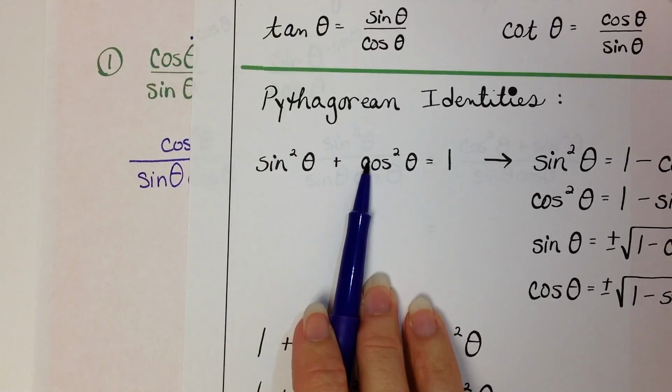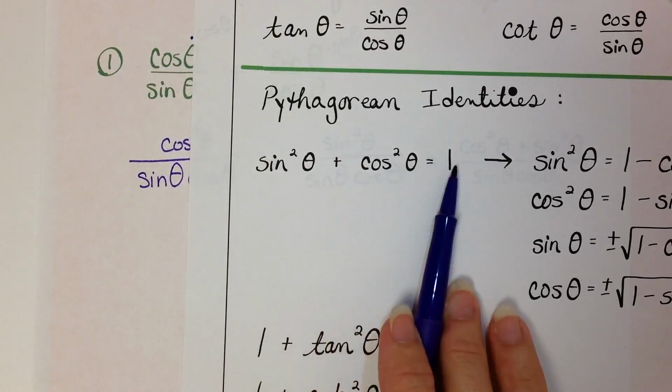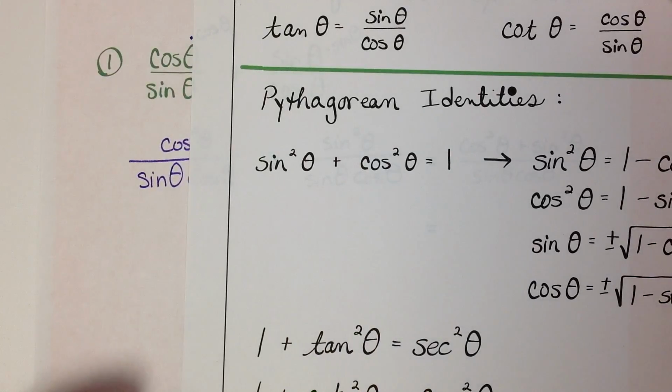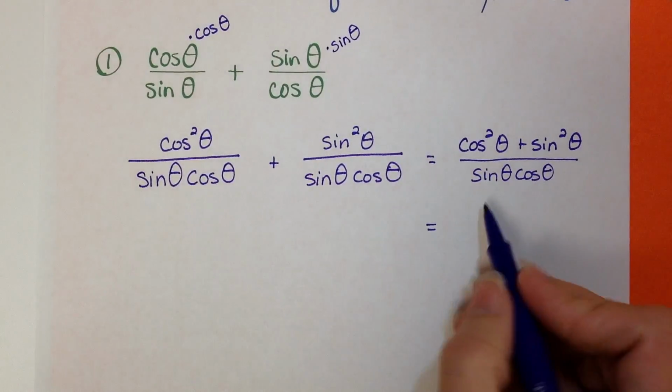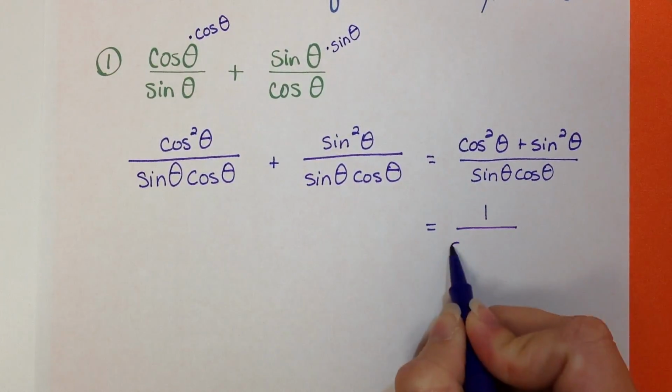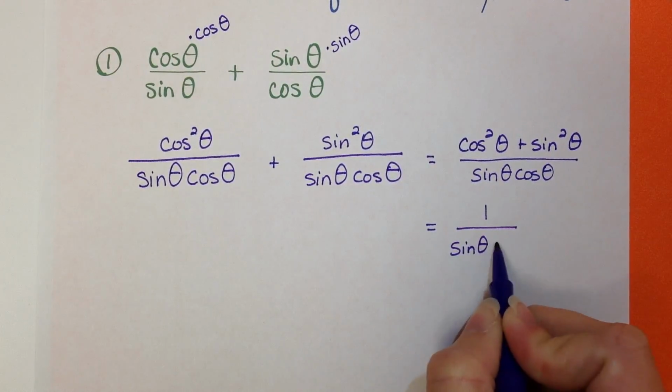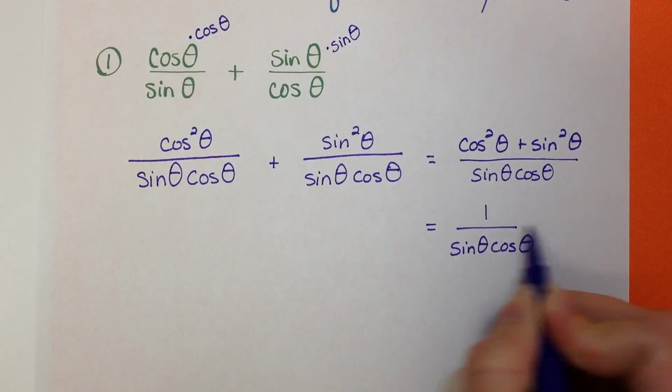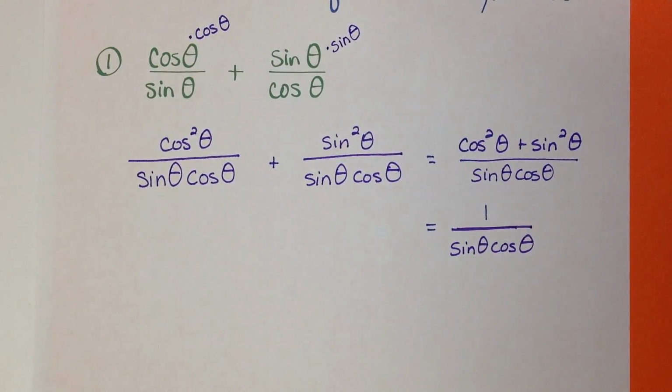It's the same thing. So these two added is the same thing as just a positive 1. So that means that I can just replace my numerator with a 1. So I have simplified it as much as I can simplify it, and it is in terms of sines and cosines. So there's your answer to that one.